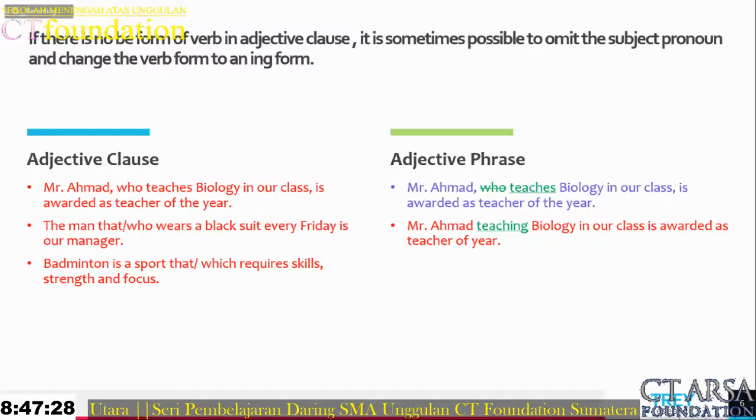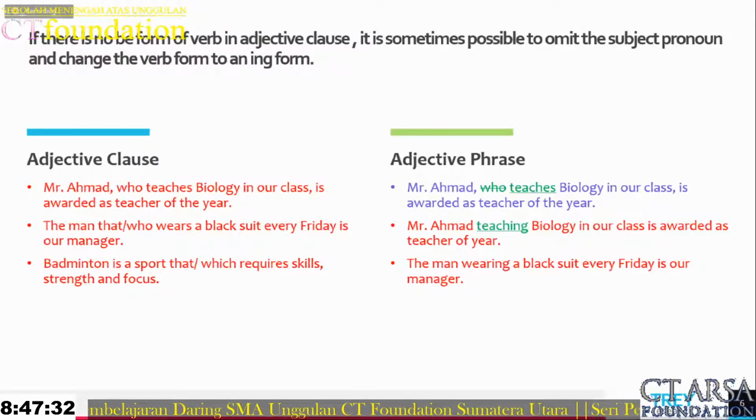That's correct, that's good. Number three now. Badminton is a sport that or which requires skill, strength, and focus. So can you change it to an adjective phrase?